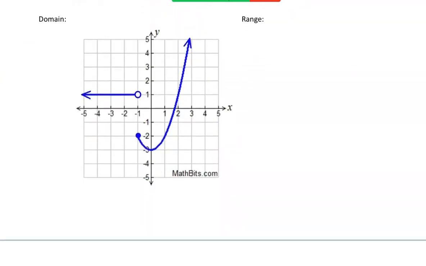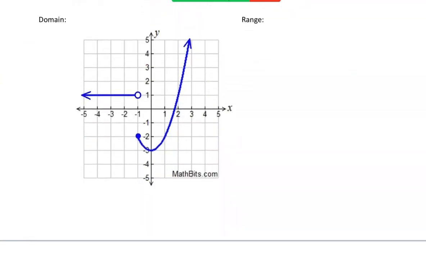Okay, here's another one down here. It's already a piecewise function. So let's look at this. Here's where I'm going to hop on from my domain. I can go all the way to the left, so that's negative infinity. And then I get to here, but this is the same x value, and then I can turn the corner and go on forever and ever. So my domain is negative infinity to positive infinity.